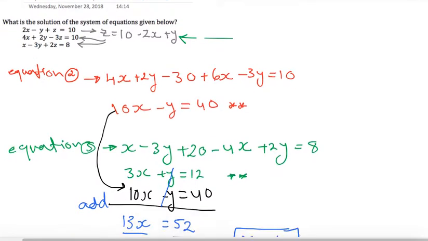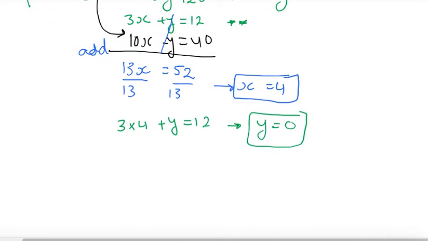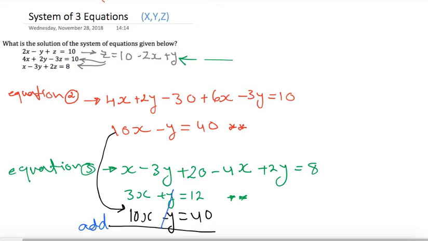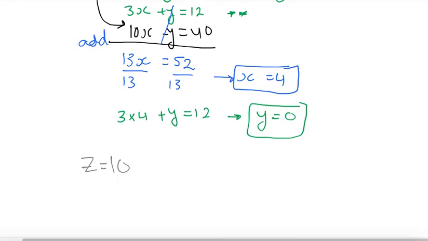So z is going to be 10 minus 2x plus y. I'm going to choose another color for z. Z is equal to 10 minus 2x plus y. So it's going to be minus 2 times x, which is 4, plus y, which is 0. That gives me 2. So z is equal to 2.